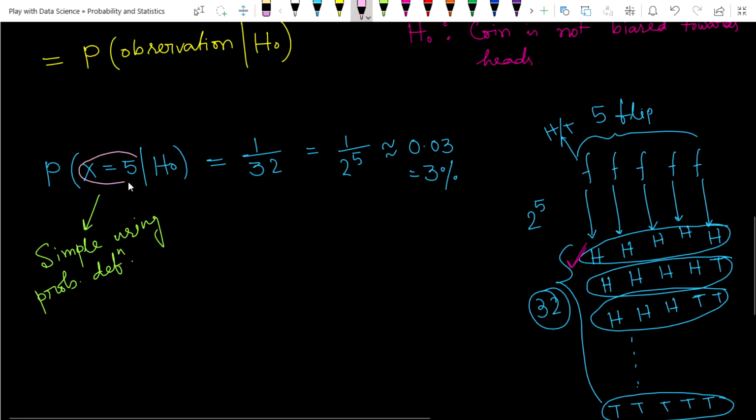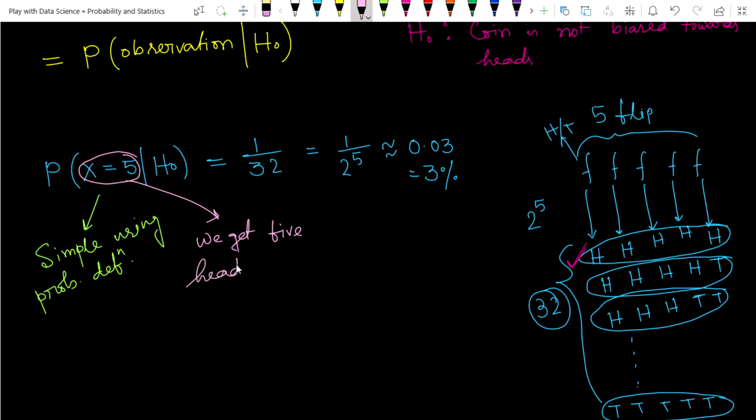This means x is equal to 5, which means 5 heads in 5 tosses.